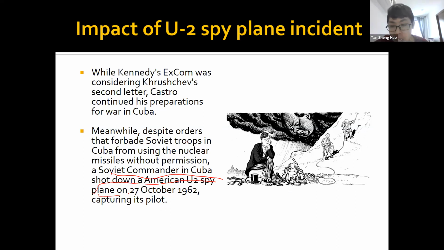Because of this, the US, they capture your pilot, you must do something about it. You must save your pilot. Are you going to invade the country to save your pilot or what? So there was a lot of pressure on the US to maybe take harsher action. And Kennedy at this point may not be ready to take such harsh action.